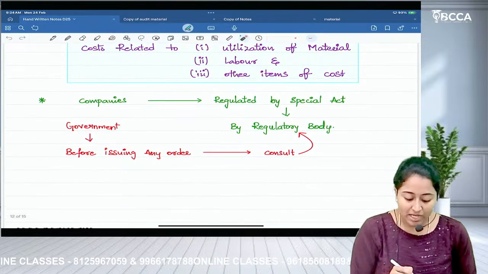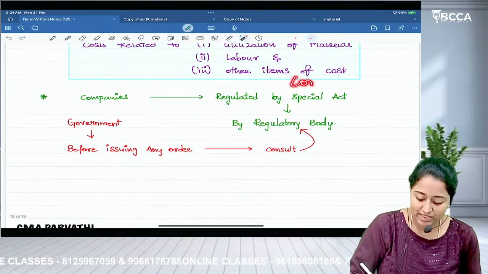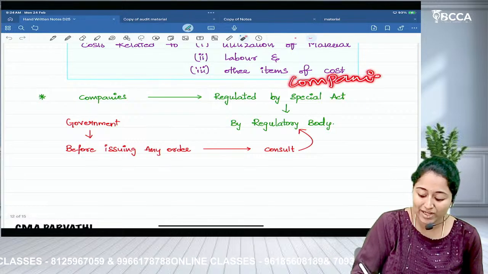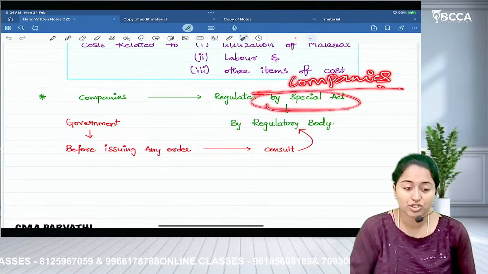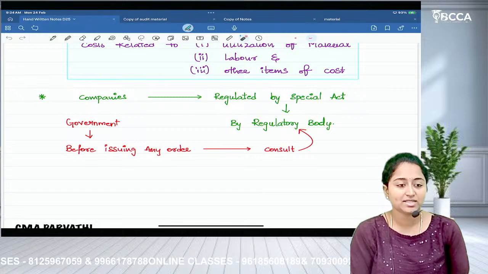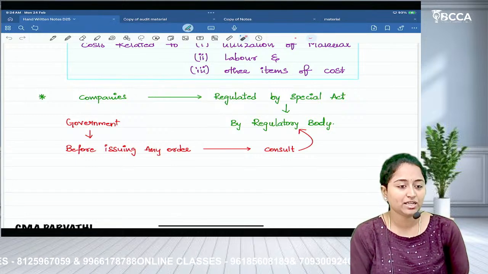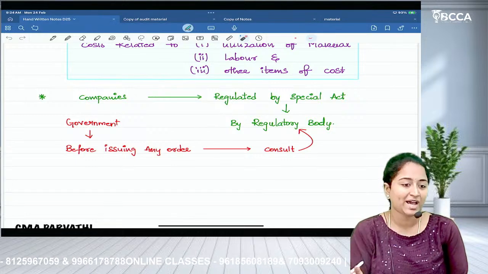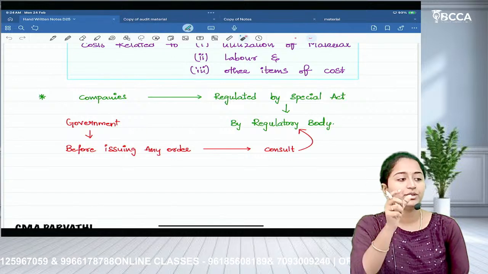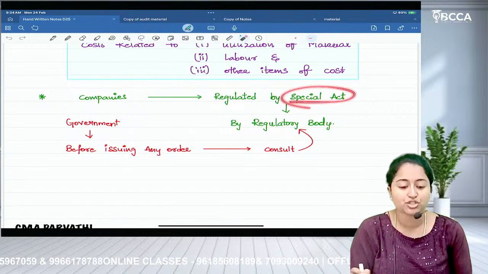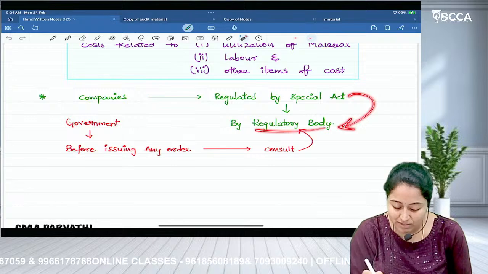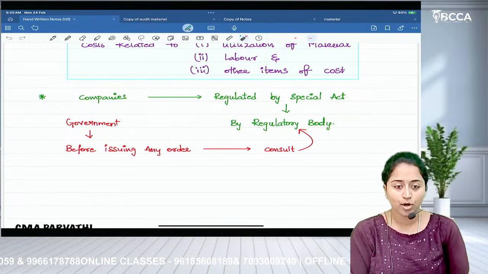Now, some companies or some industries will be governed by some special act, like the Insurance Regulatory Act, Banking Regulations Act. We have certain special acts, isn't it? So if any company or industry is covered by any special act, then they will be governed by a regulatory body, isn't it?